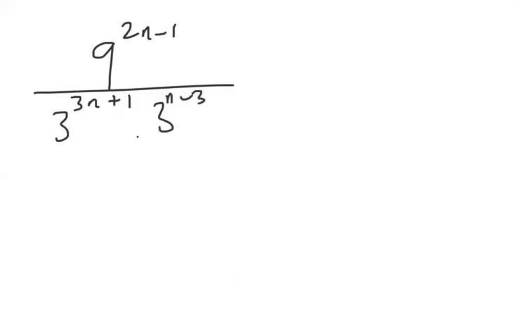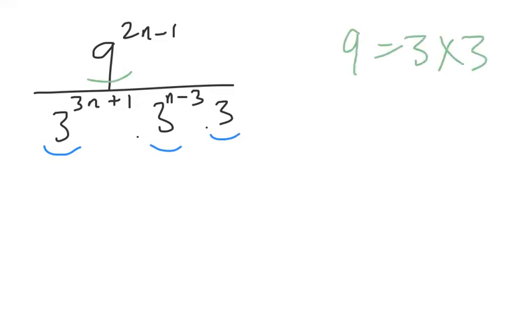So here we have 9 to the 2n minus 1 over 3 to the 3n plus 1 times 3 to the n minus 3 times 3. So if you just look at this one, here you see a couple of 3s, and there you see a 9, but we know 9 equals 3 times 3. So I'm going to take the top term first.